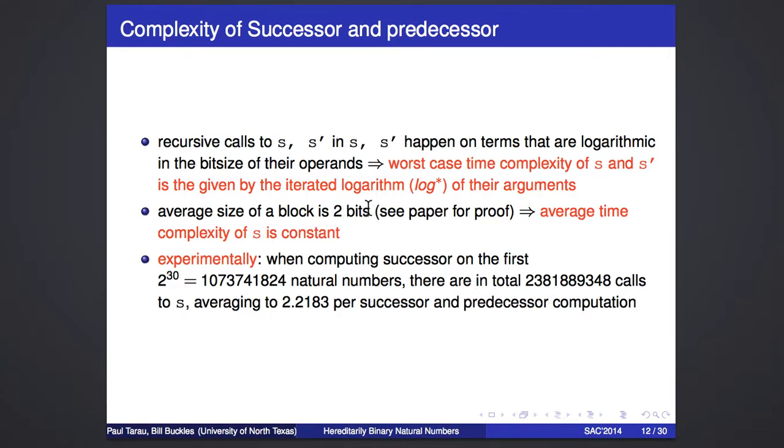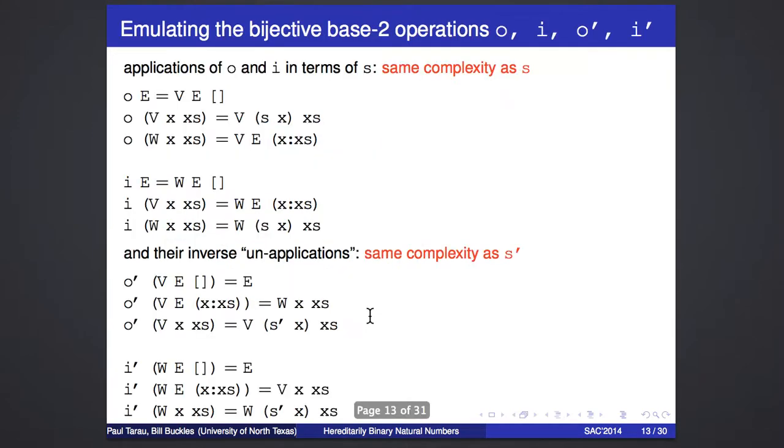So once you get to a 2-bit block, then you might or might not have one more call, and that explains this maximum of 2.25 that you can have in terms of number of calls of S or S prime from S or S prime. So that kind of handles the complexity of successor and predecessor.